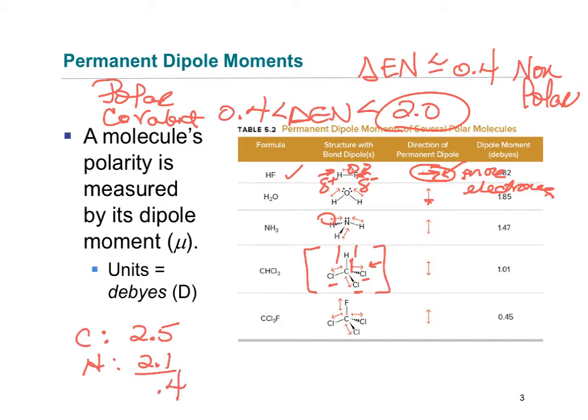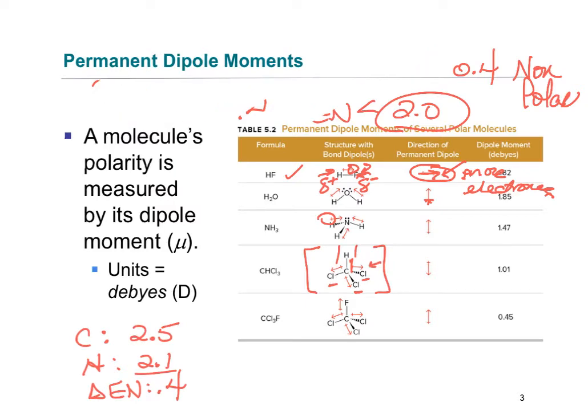And so the difference in electronegativity between those two elements is right at 0.4. So a carbon-hydrogen bond is always a nonpolar bond. I would write that down, highlight it, and tuck it in the back of your memory. That'll come in handy several times throughout chemistry. It's just a good thing to know.